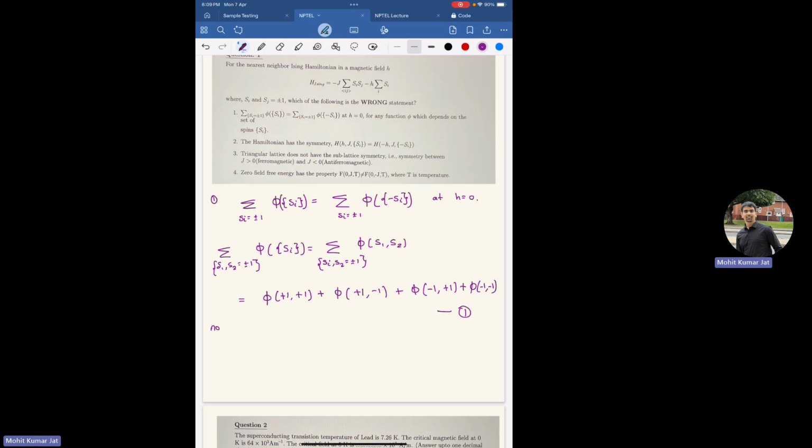Now equation number 2. So Si has to flip sign, so minus S1 and minus S2 can take values plus minus 1. Phi of Si is equal to the summation over S1, S2 equals minus plus 1 of phi of S1 S2.